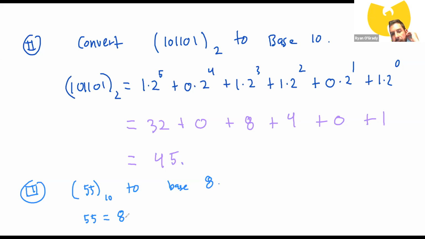So again, 8 times 6 is 48, so it goes in 6 times plus what's the remainder? Well, the remainder would be 7. And then you play the game again.